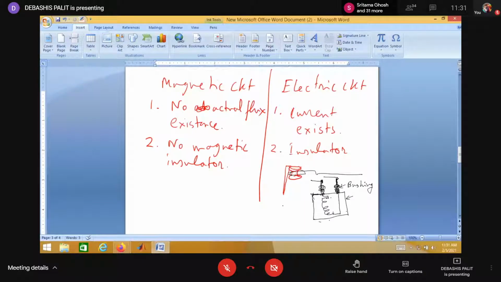I have solved Maxwell equations in superconductive tape and used the finite element method for solving how much magnetic field can penetrate in a superconductive tape. So it can penetrate magnetic flux. It is not a magnetic insulator.